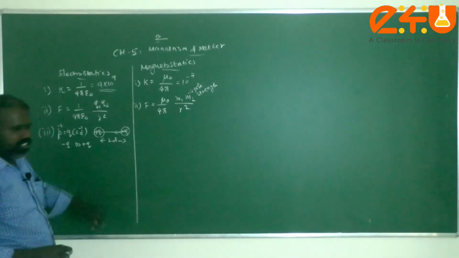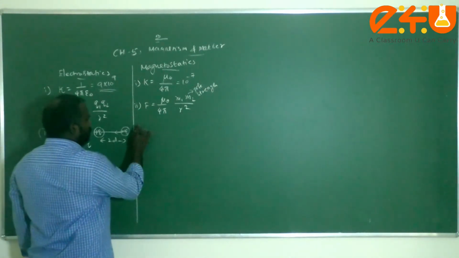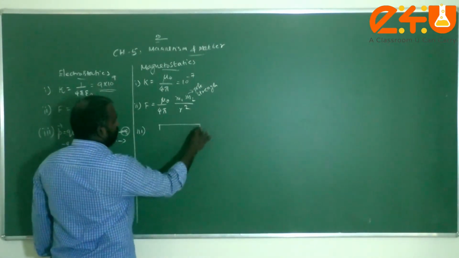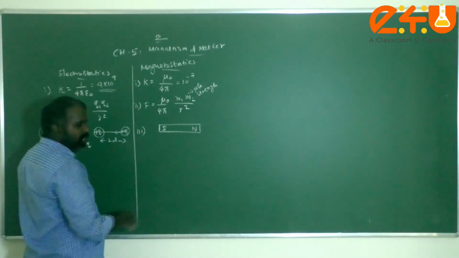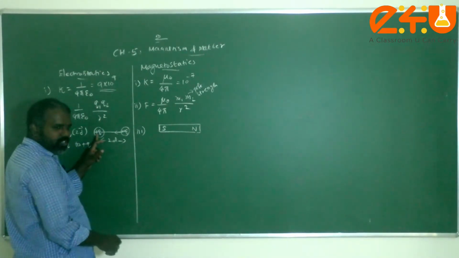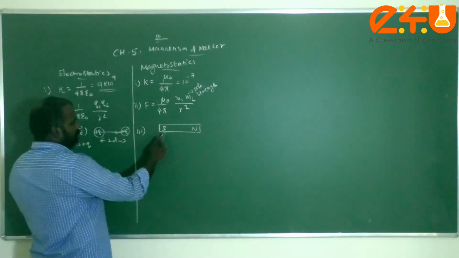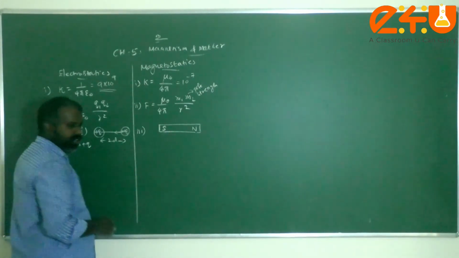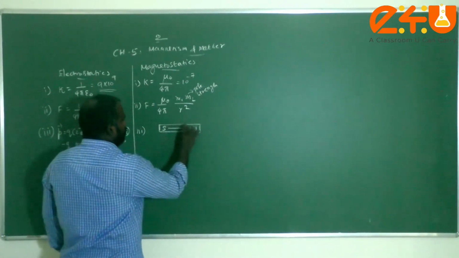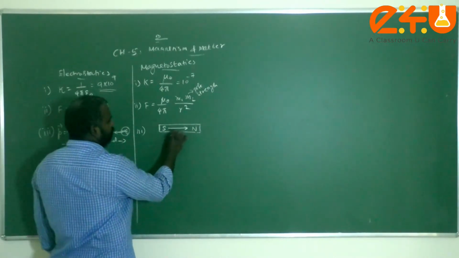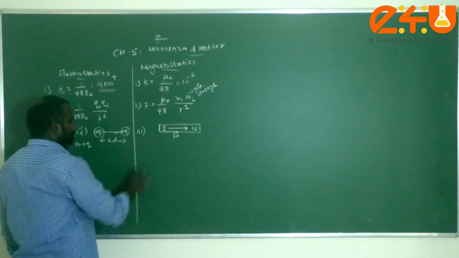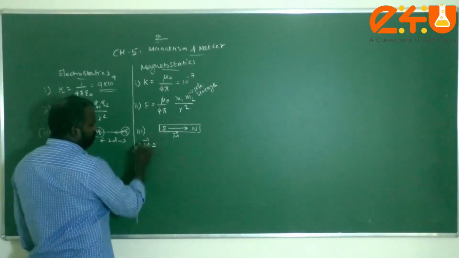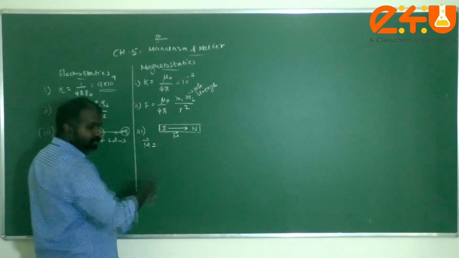A similar analogy applies here. Consider a bar magnet with north and south poles. The north is similar to positive charge and the south is similar to negative charge. Then the magnetic moment M vector goes from the south pole to the north pole of the bar magnet.